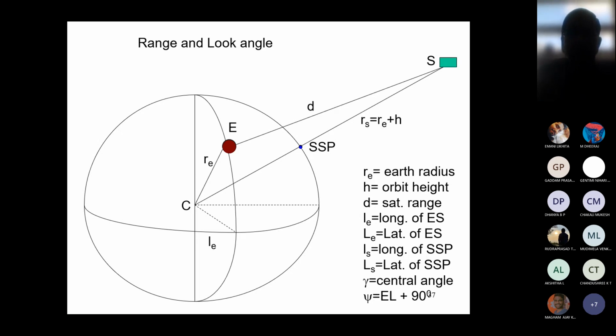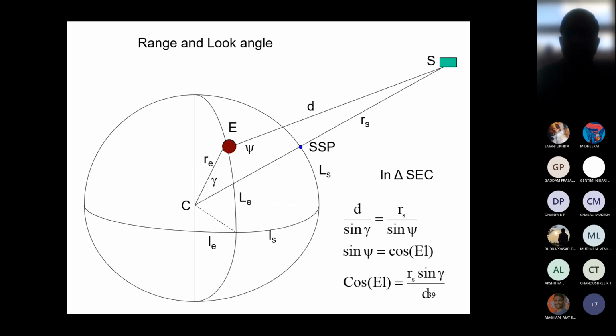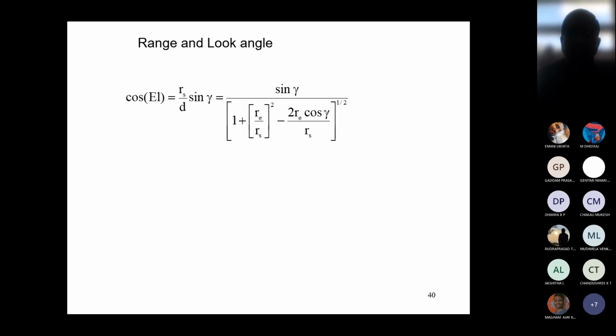These are different parameters of the Earth and the satellite, as well as the sub-satellite point and the Earth station, that were given. Then we applied the cosine law of the triangle, in which we expressed the square of any side of the triangle, that is the E and ES side. Using this relationship, we could write the cos of the elevation angle like this.